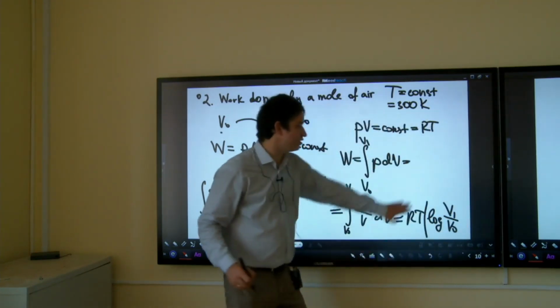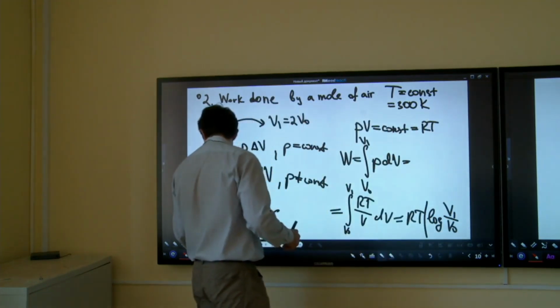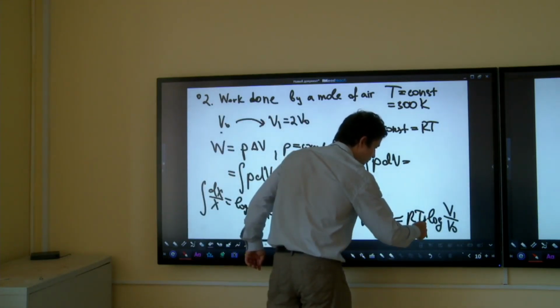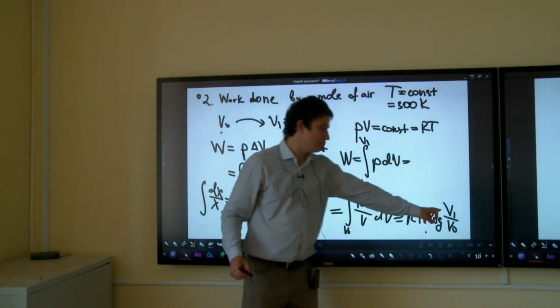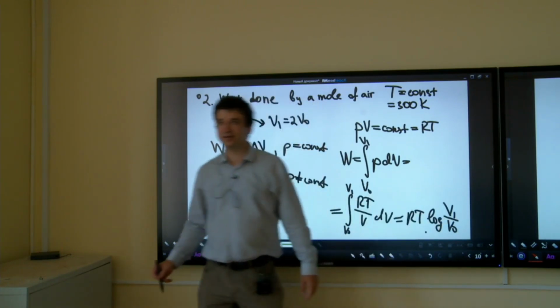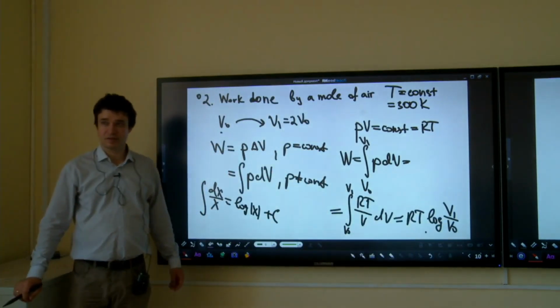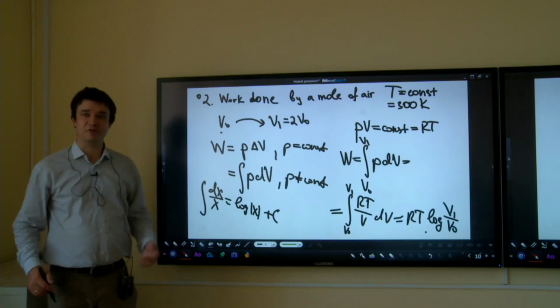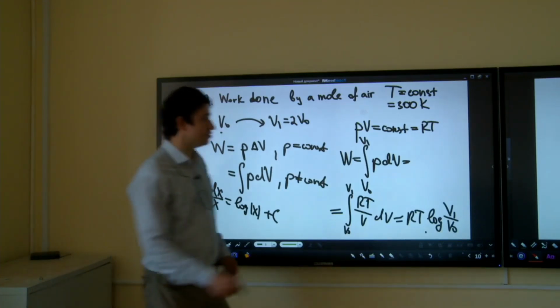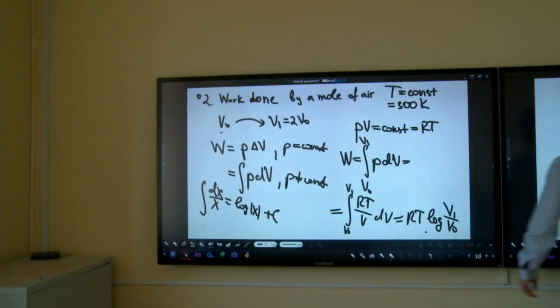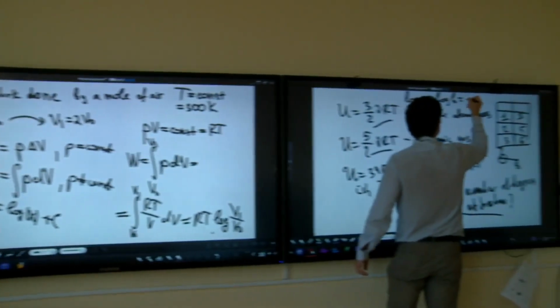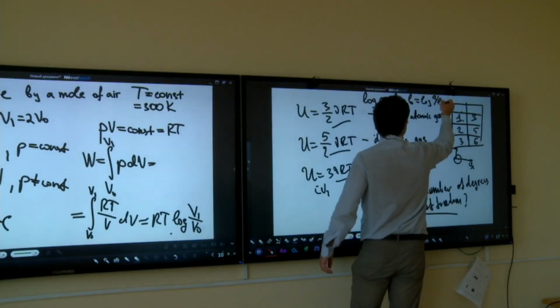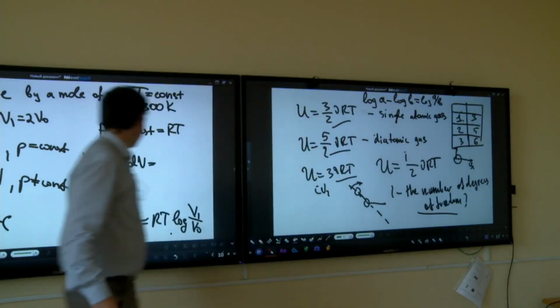Another question is, why V1 over V0? Yeah, the properties of logarithm: logarithm A minus logarithm B is logarithm of A over B. Good.